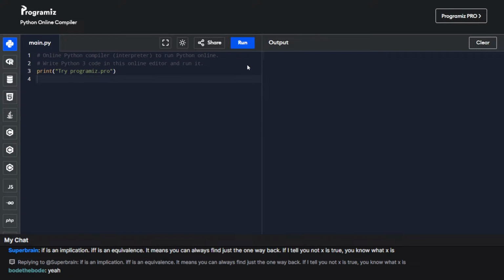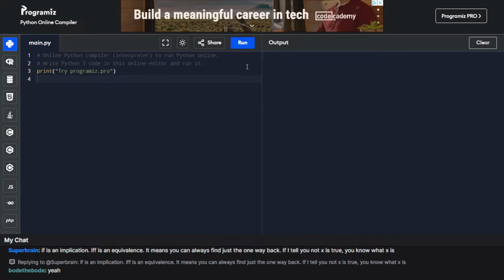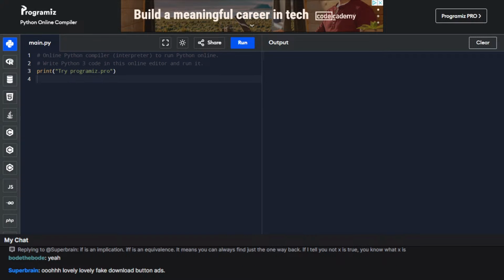I'm bookmarking those in a separate window. Okay, so now I have it. Oh, cool. Let me see. If is an implication.